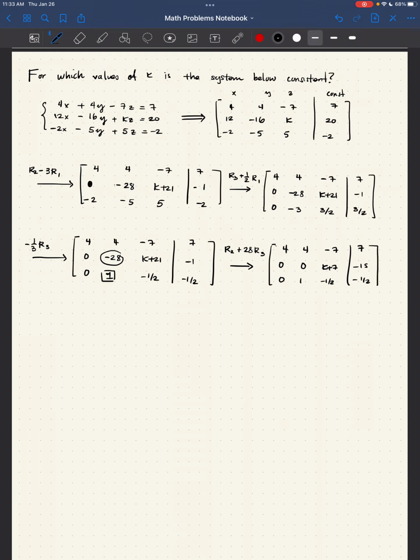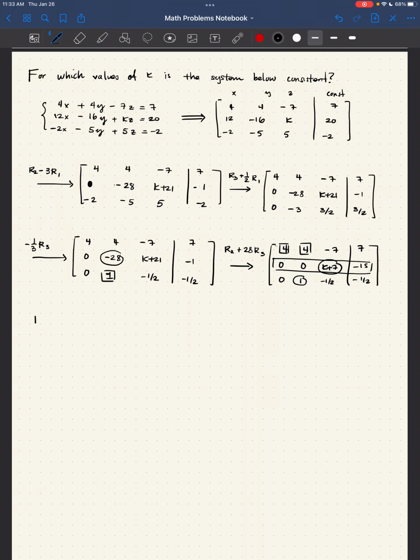At this point, we can take this as a pivot and eliminate this 4. We can even turn this into a pivot by multiplying this row by 1/4. But really, the crux of the matter lies here. The only thing in our way of continuing with the process is whether this entity is 0 or not. If it's 0, the system is inconsistent.